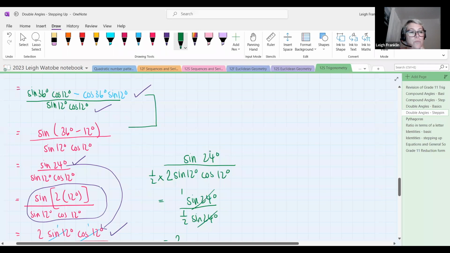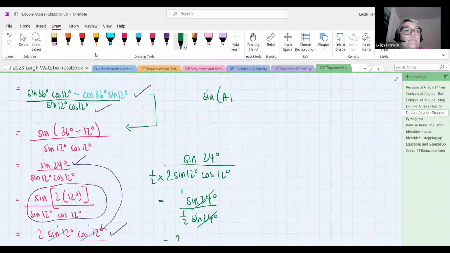Okay, so you have not yet. You mean when I went from sine 36 cos 12 minus cos 36 sine 12 to sine 36 minus 12, is that what you don't understand? Yes. Okay. If you have a compound angle sine A minus B, that expands to sine A cos B. Sine keeps its sign, so it's going to be a minus.